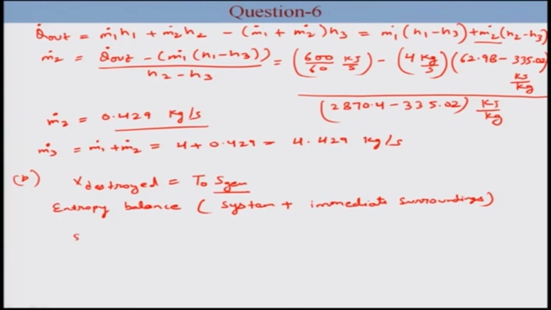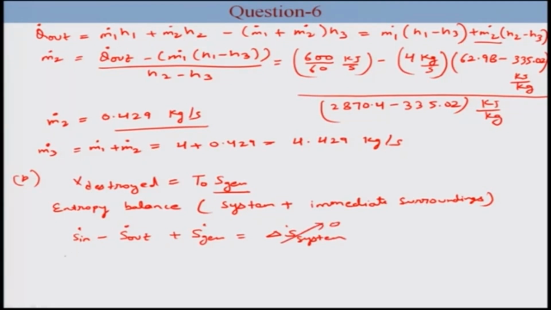So it gives S in dot minus S out dot plus entropy generated is equal to delta S dot of the system. So again this will be 0 because of the steady flow conditions.